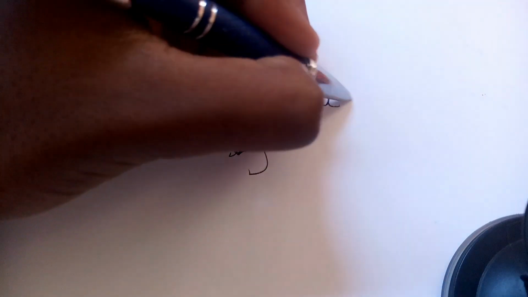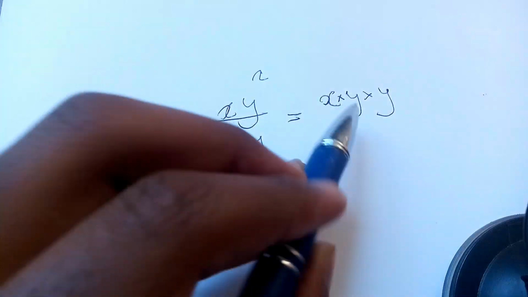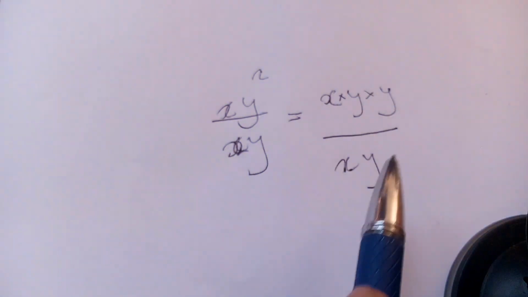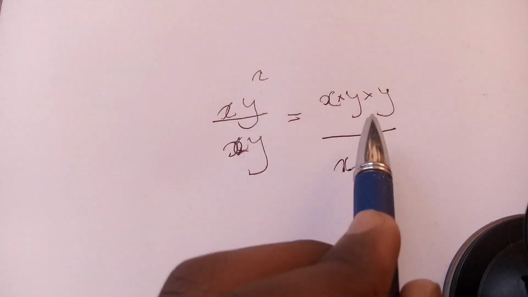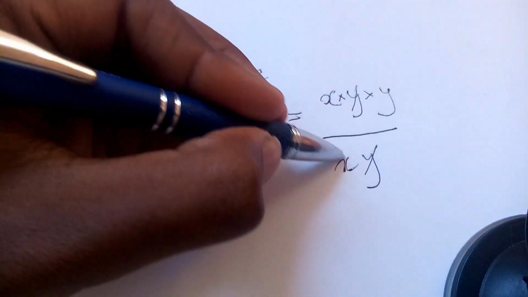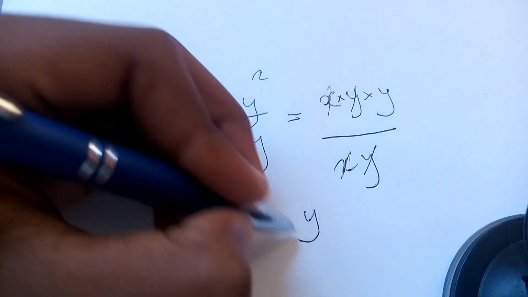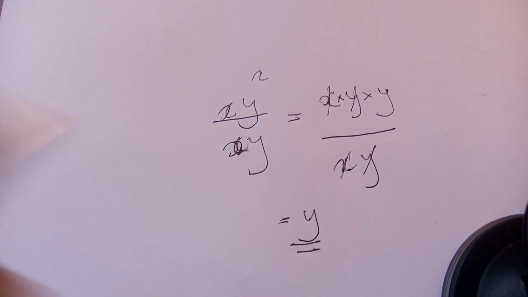This can be expanded as x times y times y, because we know y times y is y squared, over xy. Then we have one y here, we have two y's there. So we cancel one y with the other, and this x will cancel with that x, which leaves y, as xy into xy squared.